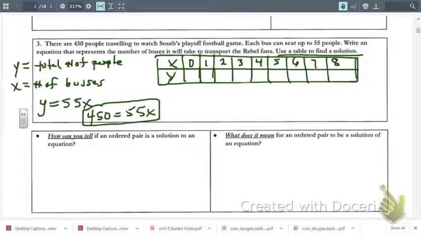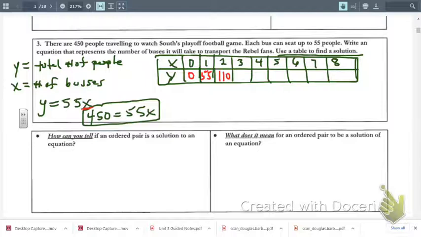Alright, so now we're just plugging in these numbers into this equation for x. So if you plug in 0 for x, 55 times 0 is going to give you 0. If you plug in 1, 55 times 1 gives you 55. So y is the total number of people that can be bused. If you plug in 2, you're going to get 110.